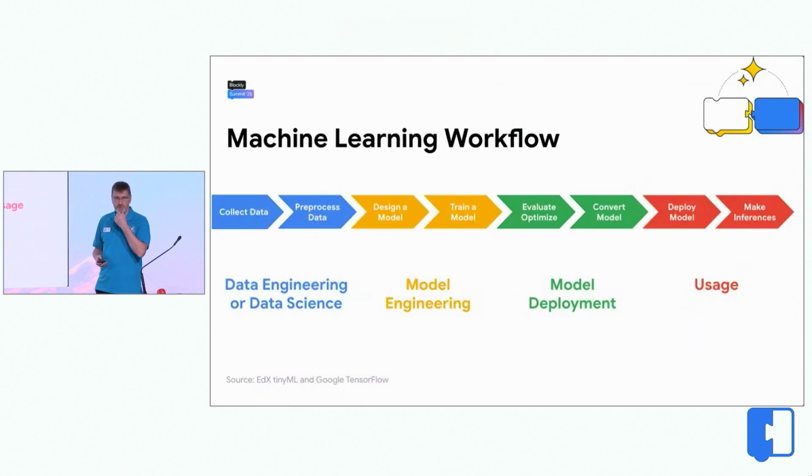This is an example from the Google TensorFlow team. TensorFlow, I think of a little bit as a compiler. It's a framework that sits at a lower level and takes in the various inputs.